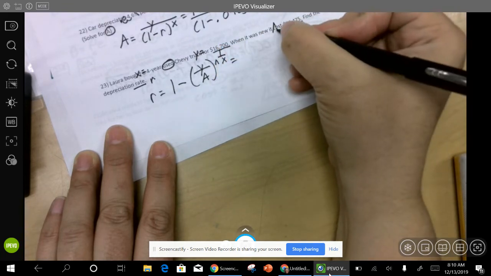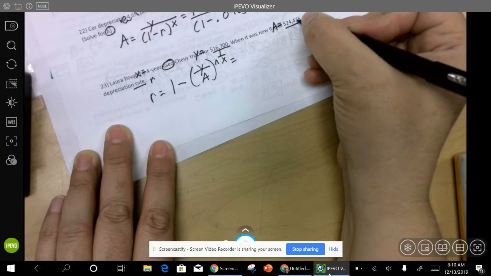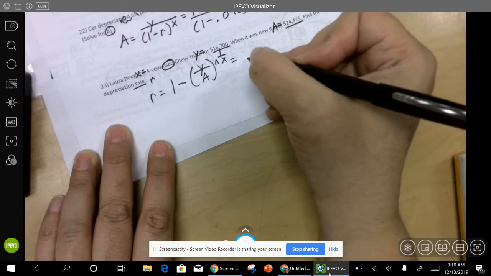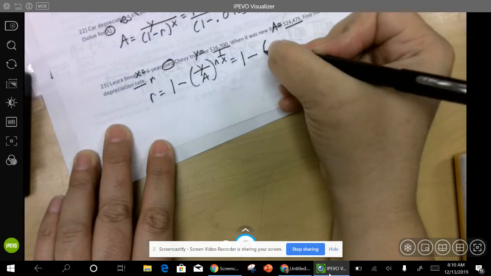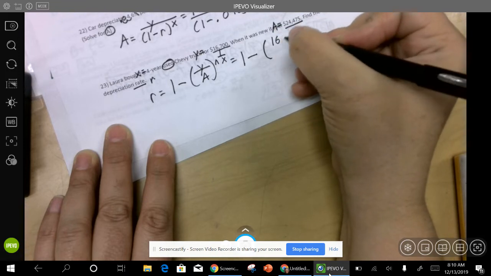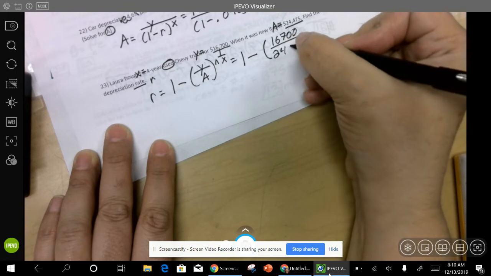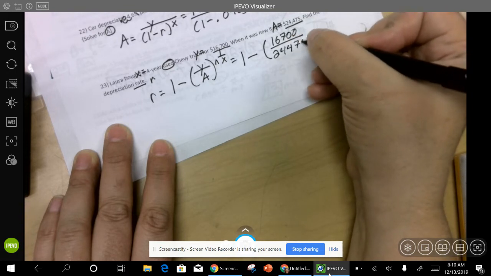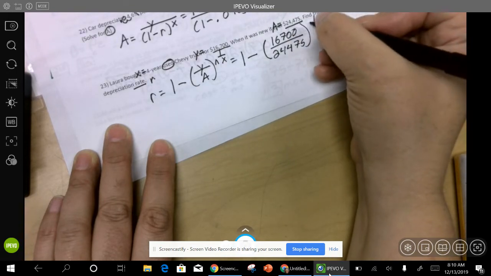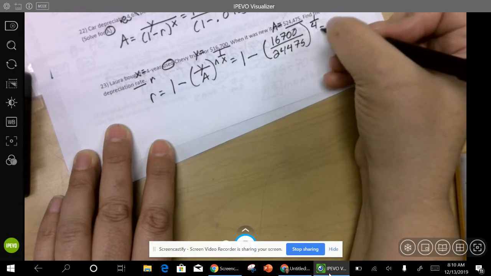When it was new, it cost 24,475. So it's going to be 1 minus 16,700. Everybody read these problems carefully. Over 24,475. We're going to do 1 over 4.